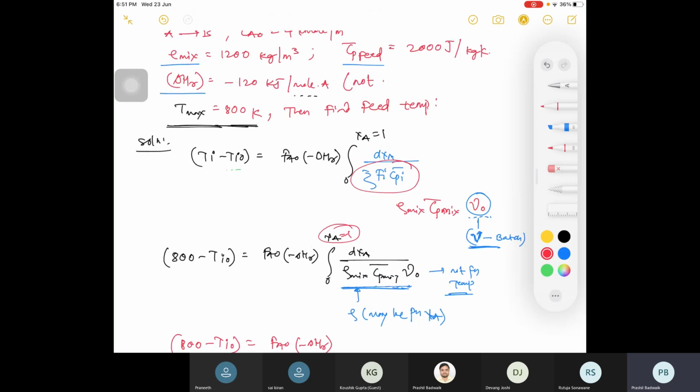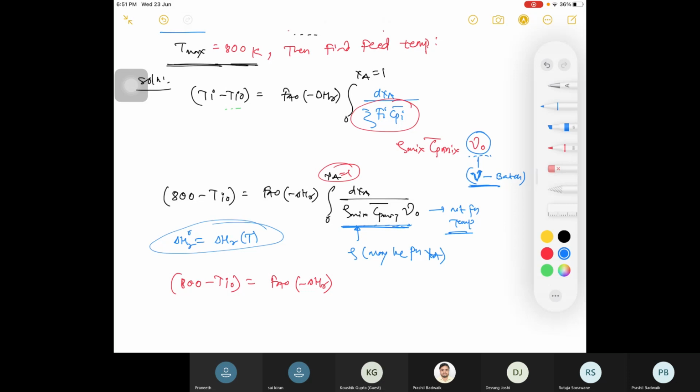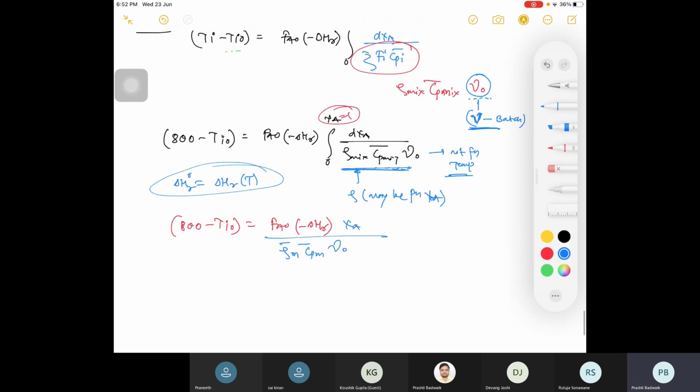I told you it is given not function of temperature. So delta H reaction standard will be your delta H reaction at any temperature, right? If it is not function of temperature, then it is your XA divided by density, mixture, Cp of mixture, and your volumetric flow rate. Now please substitute and calculate what is your Ti naught.